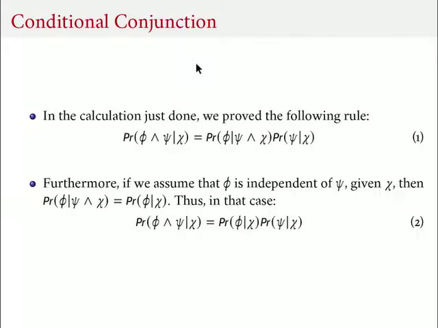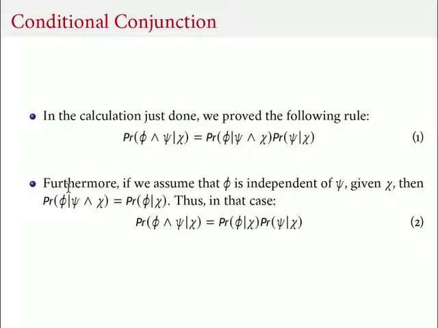But note, if we assume that the evidence phi and psi are independent given the hypothesis, then we have that the probability of phi given psi and chi equals simply the probability of phi given chi. Because if phi and psi are independent given the hypothesis, adding psi shouldn't change the probabilities of phi given the hypothesis. And so we can prove in general that this equation holds.